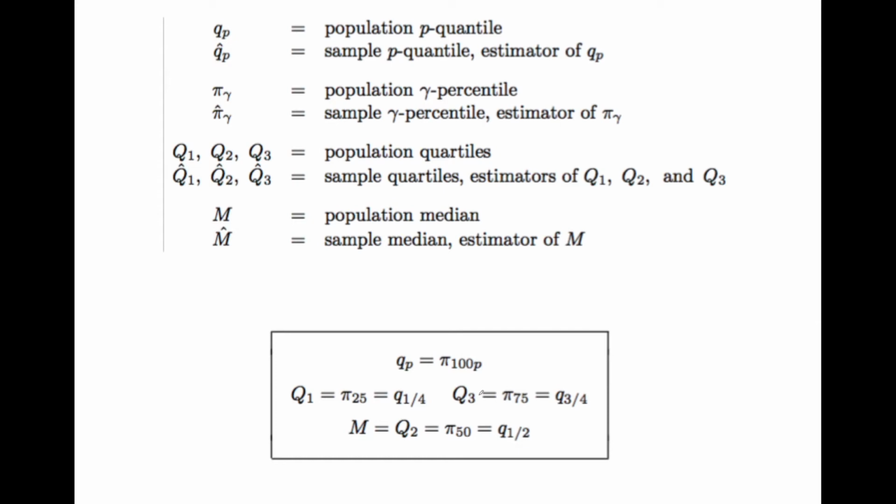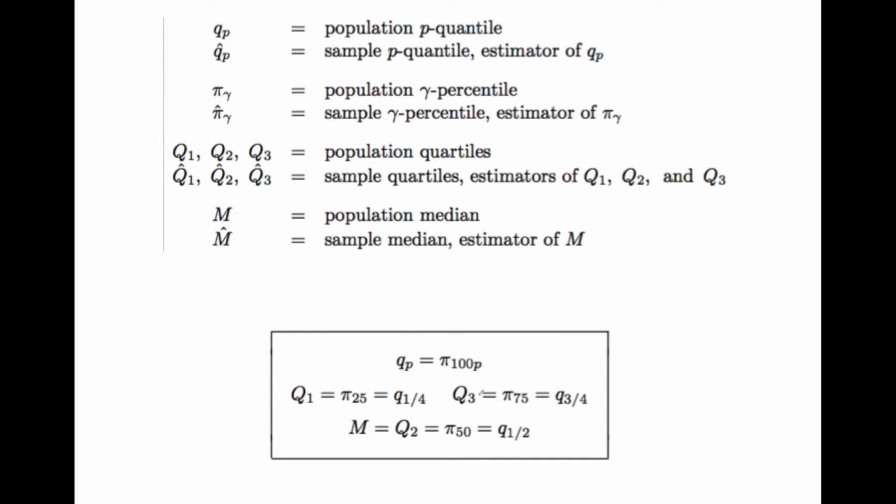And then we can have the estimator percentile we use as a stand in place, or take the place of the population gamma percentile, and that just includes a hat. So pi sub gamma hat is the sample gamma percentile, and we use this as an estimator of the population gamma percentile.